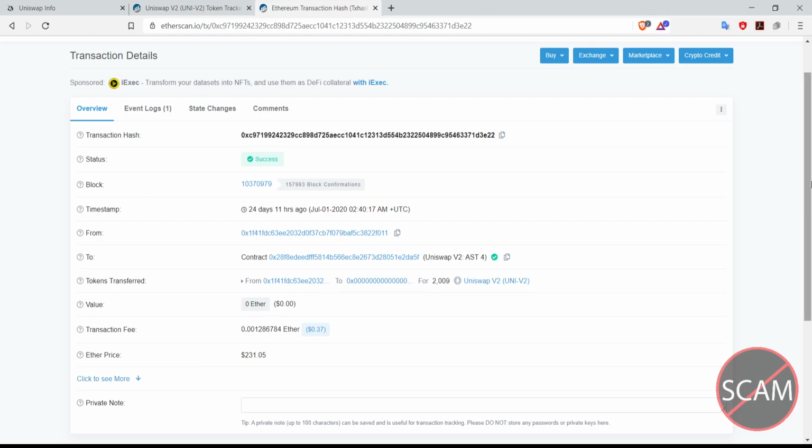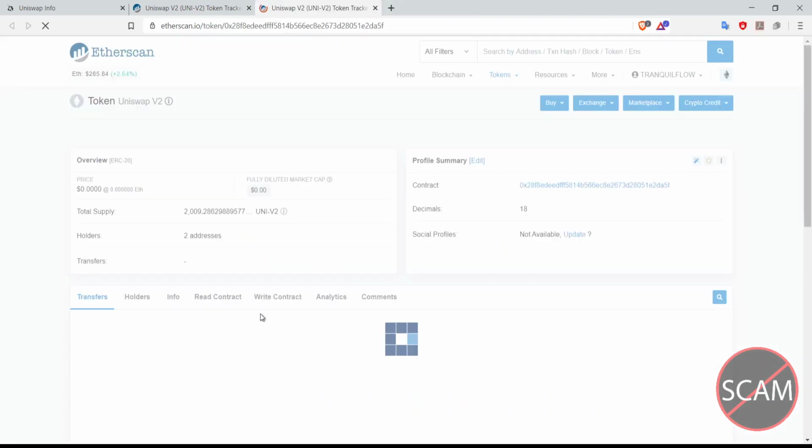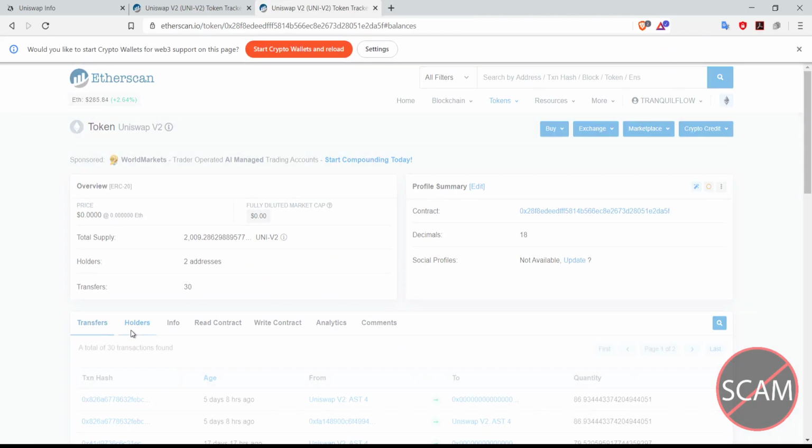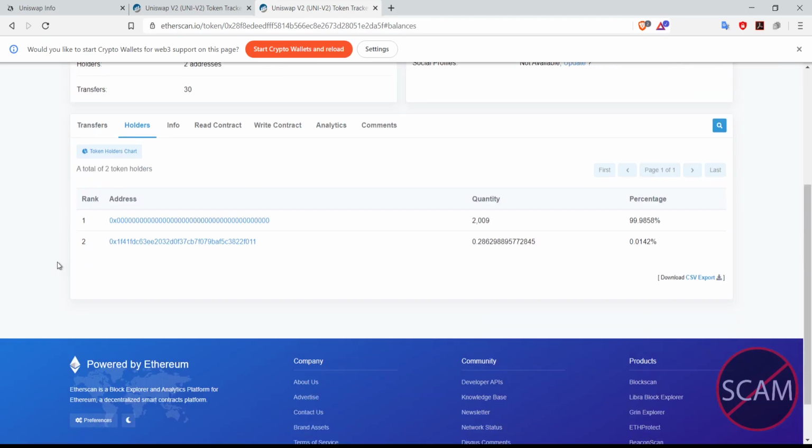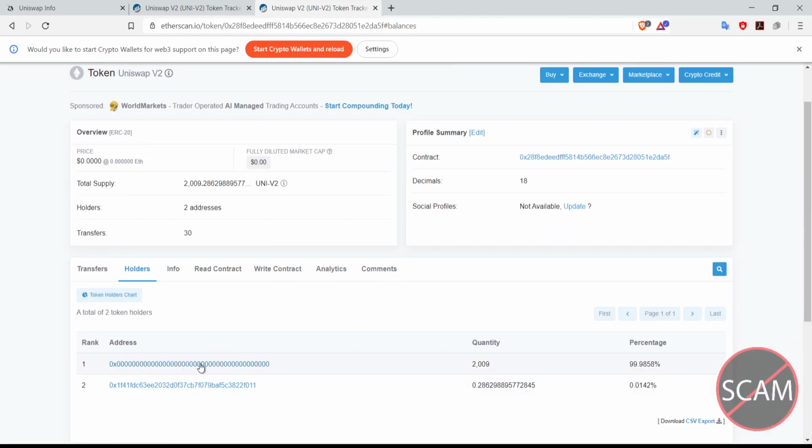So this is the transaction. And so if you click on here, this is the holders for liquidity. We currently have the burn address holding the vast majority, and we've got one other provider at the moment.